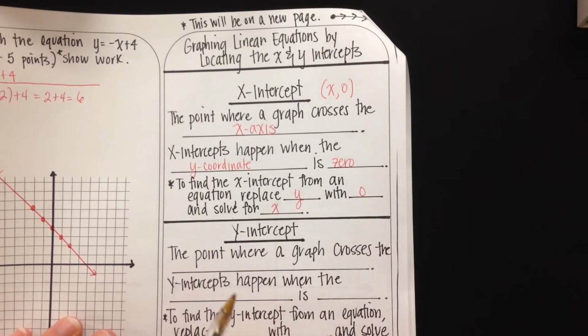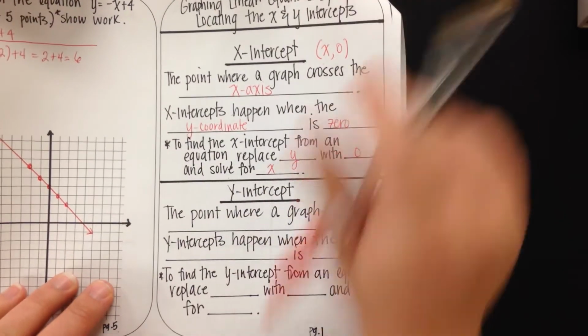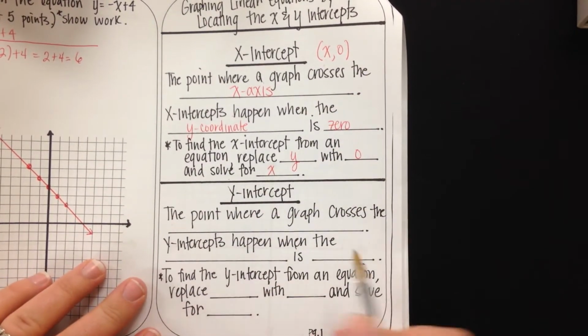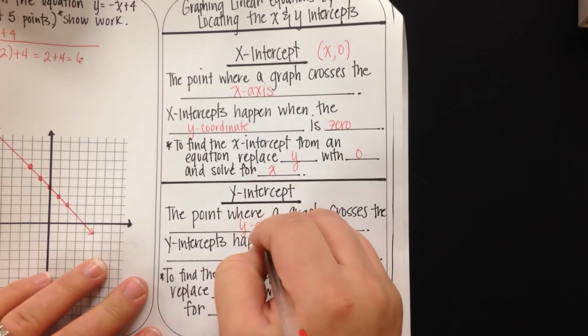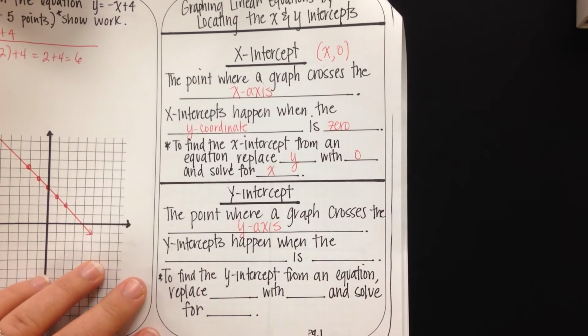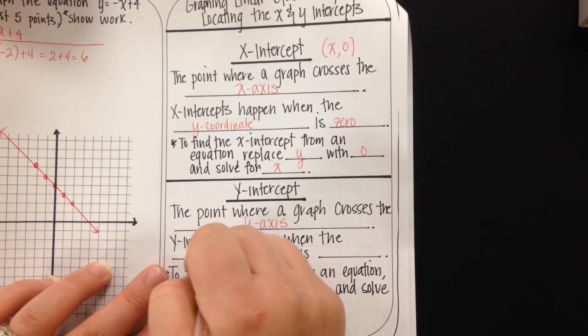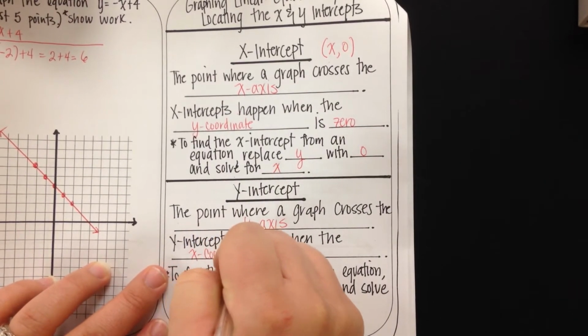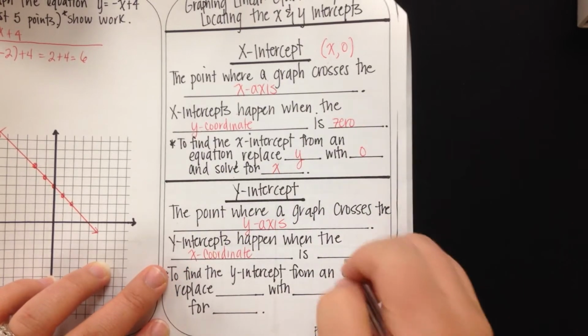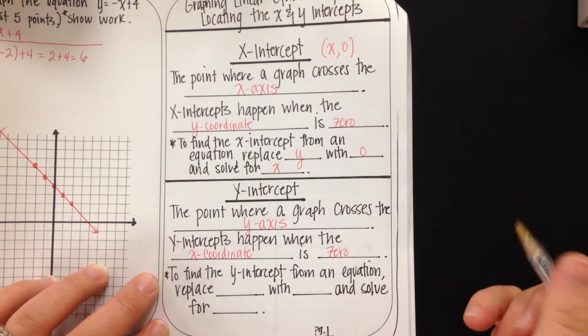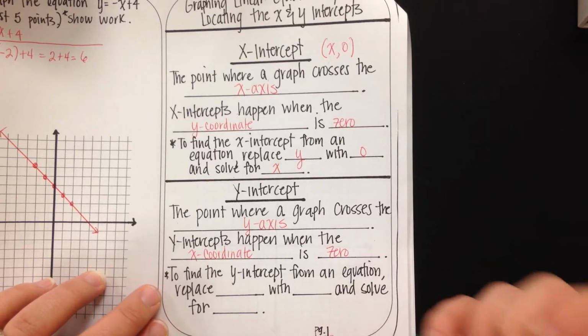Okay, same thing with y-intercept, except the y-intercept is the point where it crosses the y-axis. Y-intercepts happen when the x-coordinate, or x value, is 0. So just like we did in the x-intercept, what do you think we're going to be doing in the y-intercept?